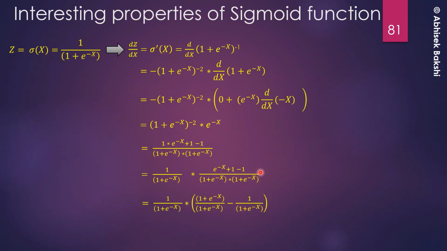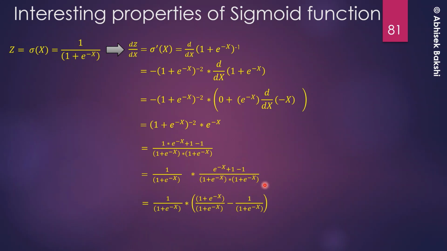Obviously, I've done a very small step jump, but you can try at home, and if you simply subtract this one from this one, by the simple subtraction rule, you will see that you will get this particular term.